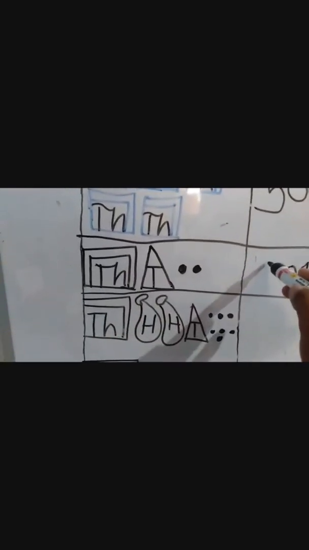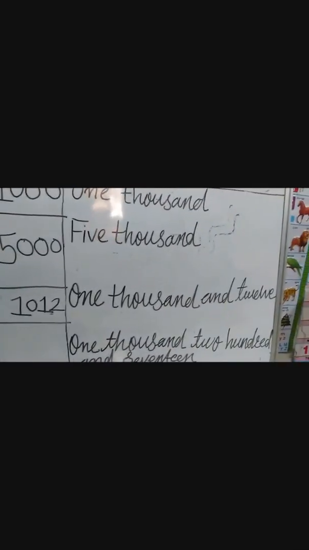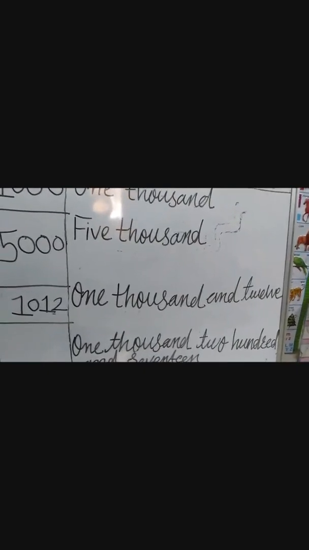No, so we write 0 because there is no hundreds symbol. And is there a thousand symbol? Yes. How many? Only 1. So 2 units, 1 tens, 0 hundreds because there is no hundreds symbol, and there is a thousand symbol, so we have written 1. How should you read this? 1012. Okay. See another example, student.